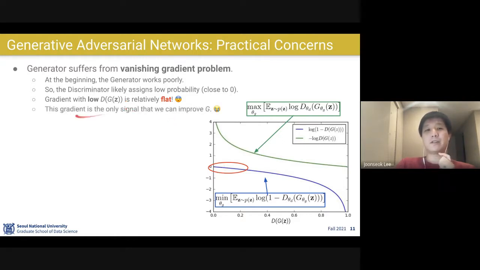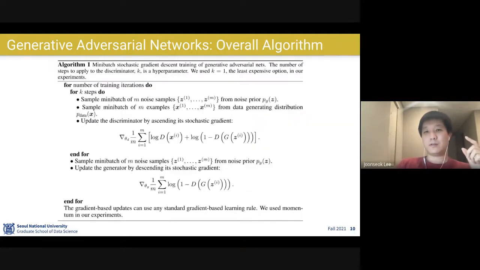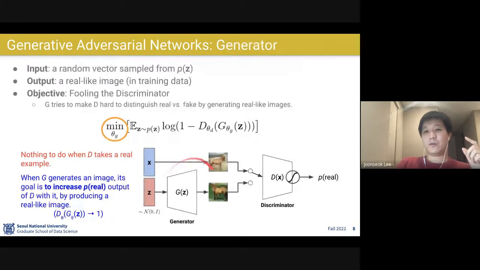And the important fact is that because the generator can be trained only through the discriminator signal, remember this structure, the only gradient we can receive in this model is through this one. We don't have any other path to give the actual ground truth. That is the only signal.